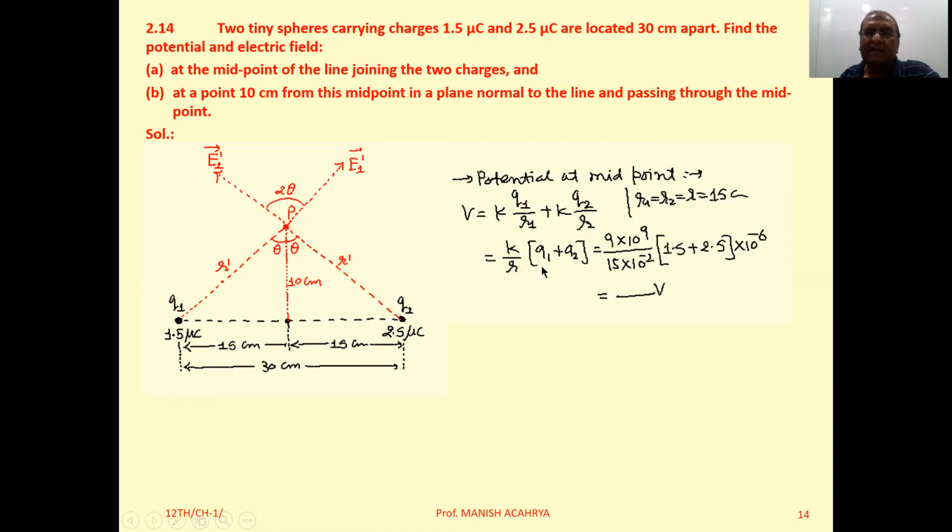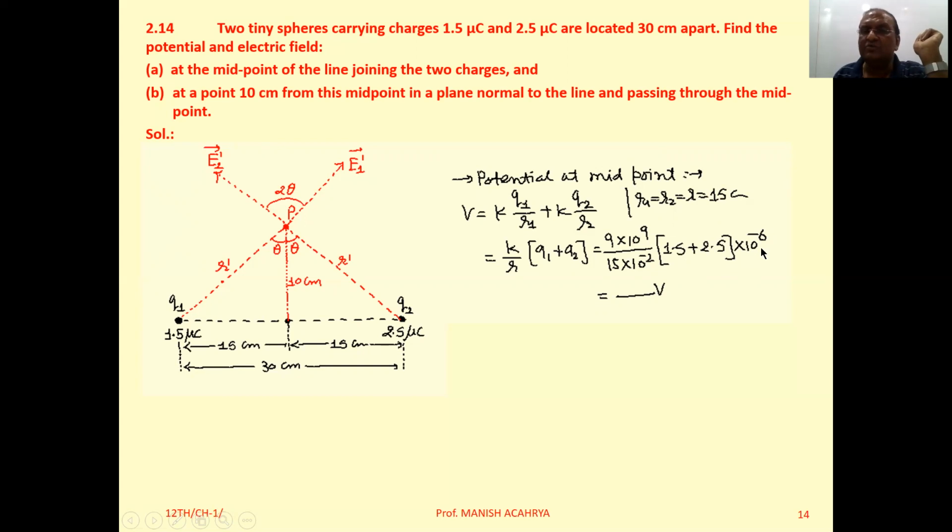So k by r into (Q1 plus Q2). k is 9 into 10 raised to 9, then r is 15 into 10 raised to minus 2, into bracket Q1, that is 1.5 microcoulomb, so 1.5 into 10 raised to minus 6, plus Q2, that is 2.5 microcoulomb, so 2.5 into 10 raised to minus 6.